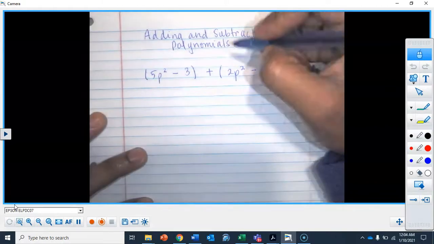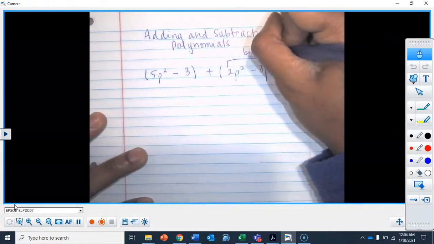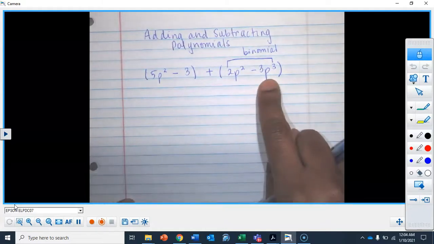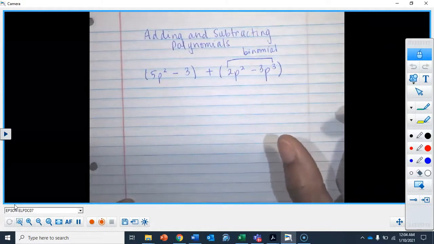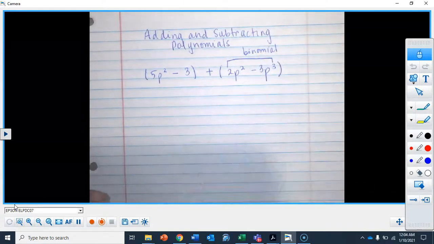Remember I told you a binomial is when you have two terms. There are bases and higher powers like squared, third power, fourth power, but two terms make up that expression, and that's a binomial. If there are three terms, we call it a trinomial. And if it's four or more terms, then it is a polynomial. Okay? All right, so here we go.